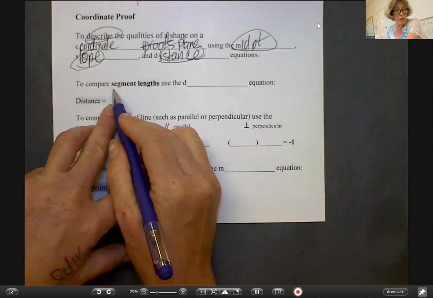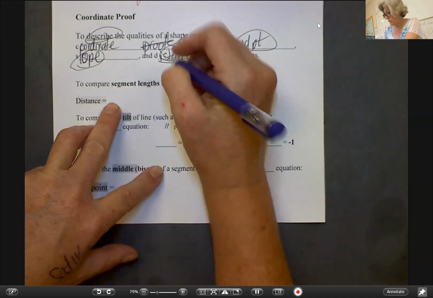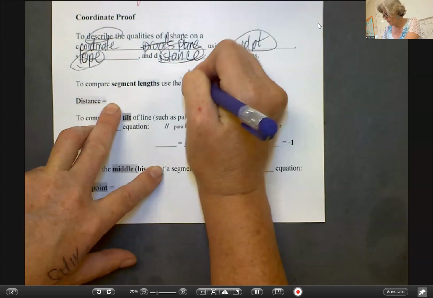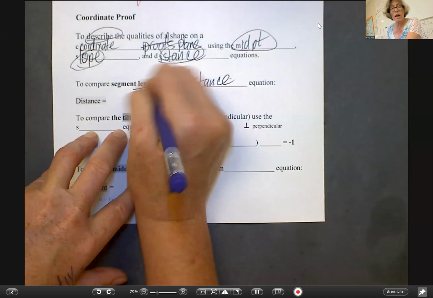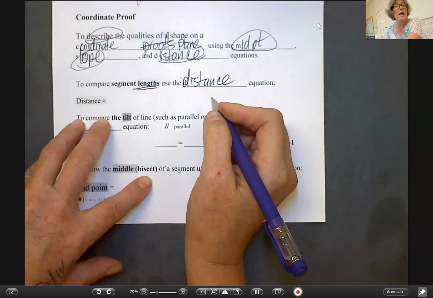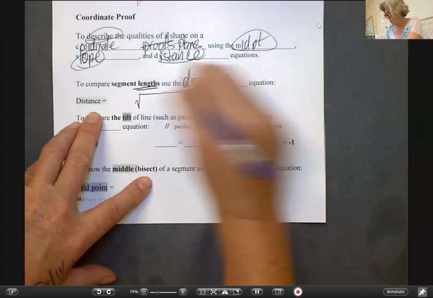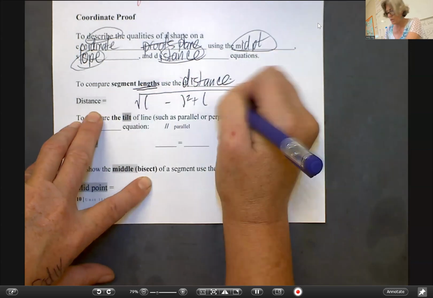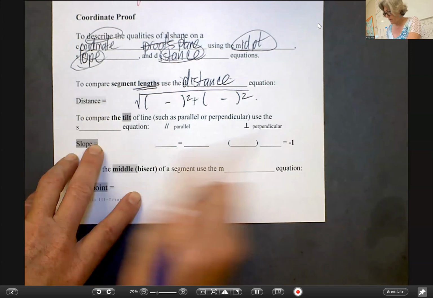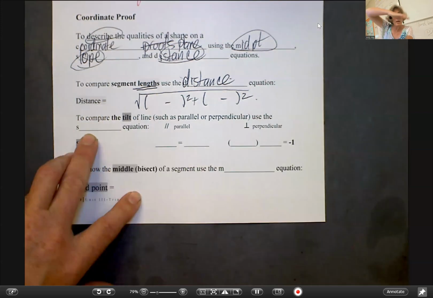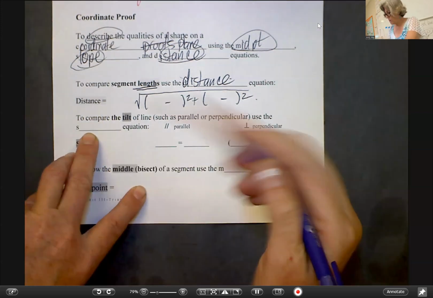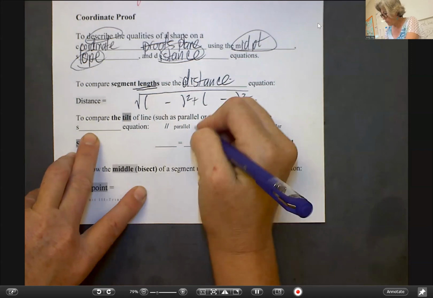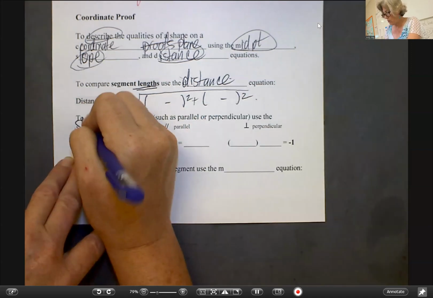If I want to compare segment lengths, underline the word length there. You use the distance equation, which there's your template for distance. If I want to compare the tilt of a line, tilt, such as parallel or perpendicular, we use the slope.